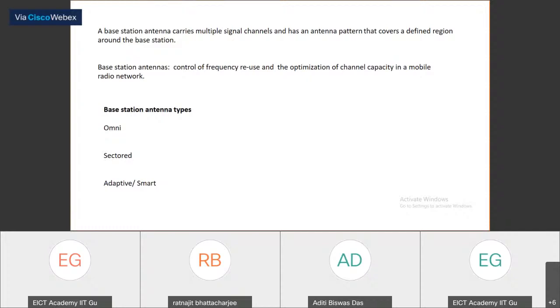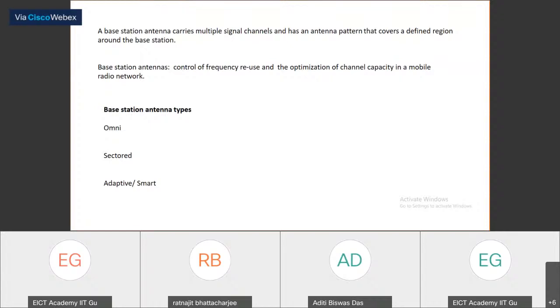Omni in the sense that it tries to cover the azimuthal plane or the horizontal plane, and of course in the vertical plane or the elevation plane that will be restricted, because most of the users are located either at heights lower than the base station antenna or at heights comparable with the base station antennas. At very high elevation angles, the number of users will be very few.